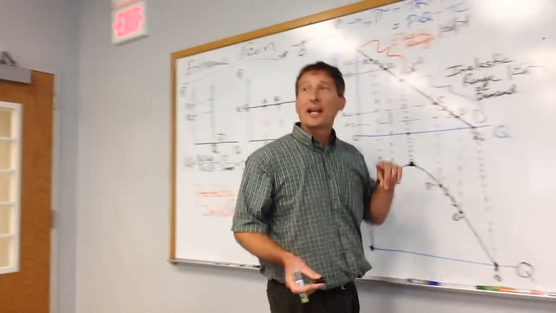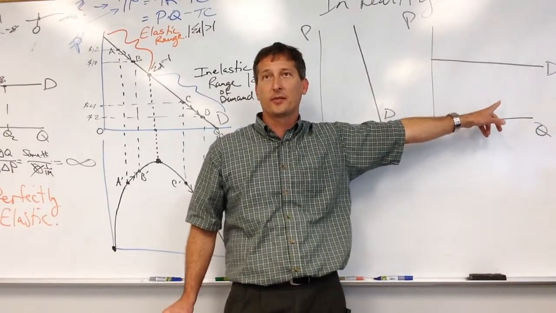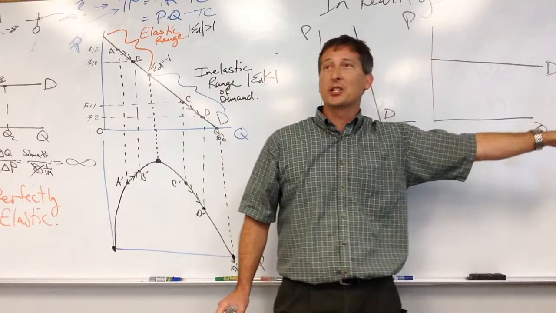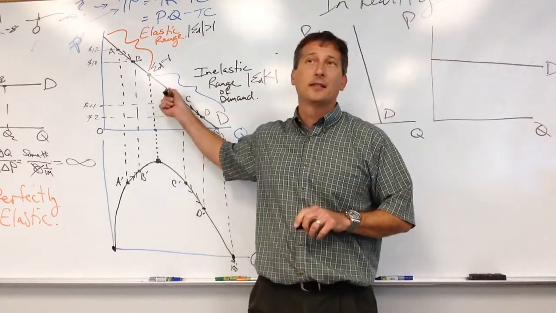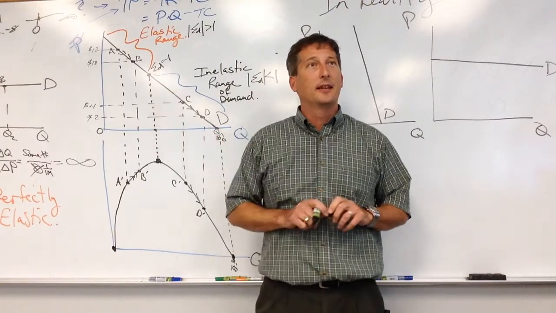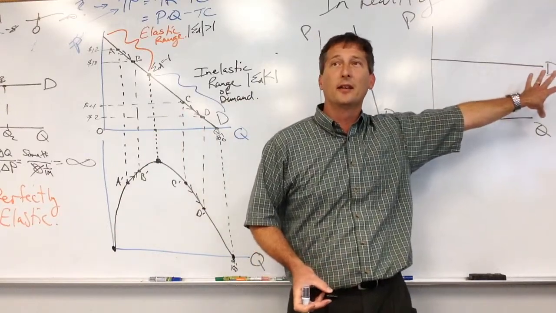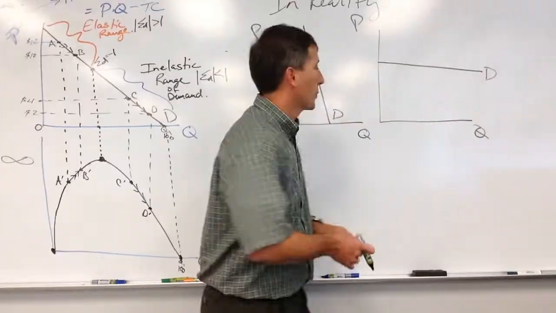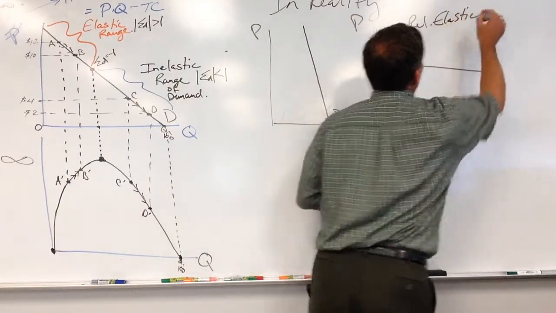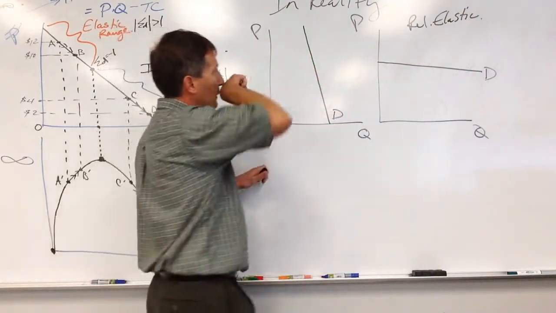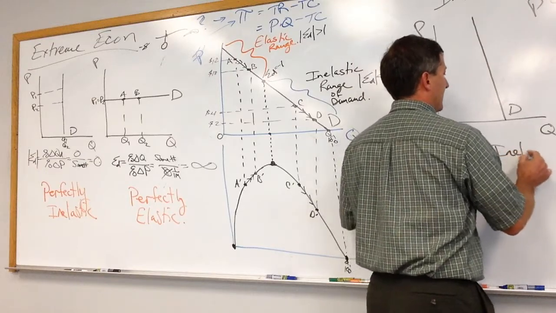What did we learn about the range of elasticities along a downward sloping linear demand curve? How do they change? All right, so nothing different's going on except for this one's a little bit flatter. And now we think that this is a relatively elastic demand. This one's relatively inelastic.